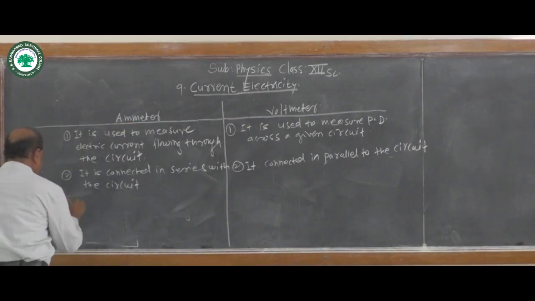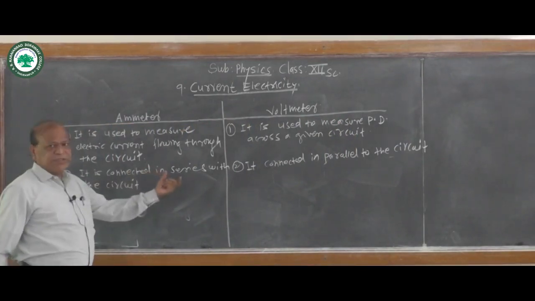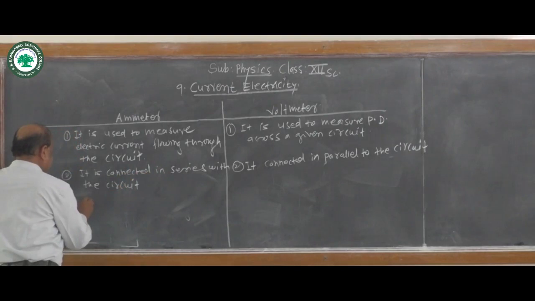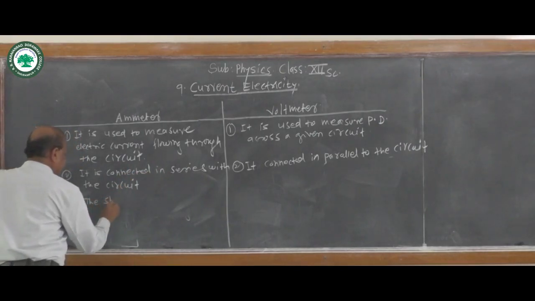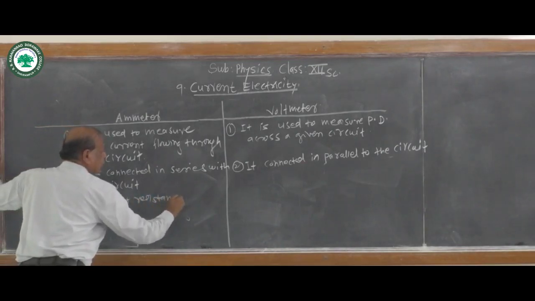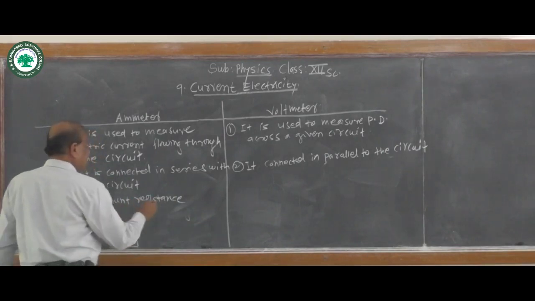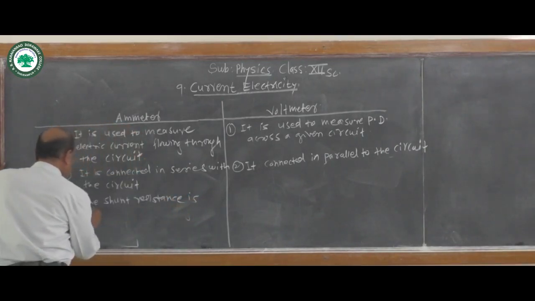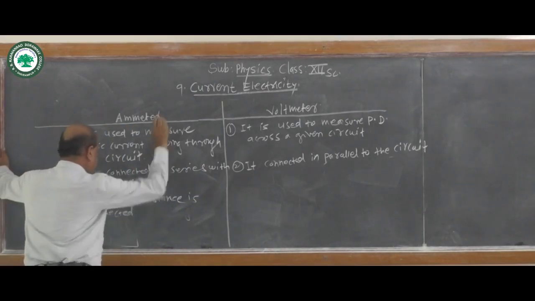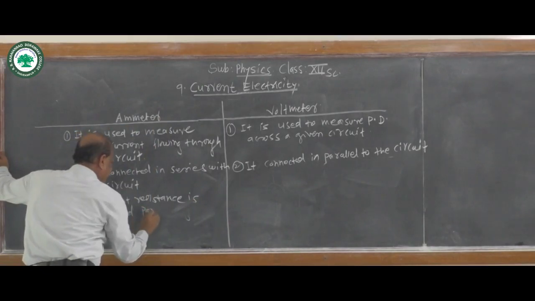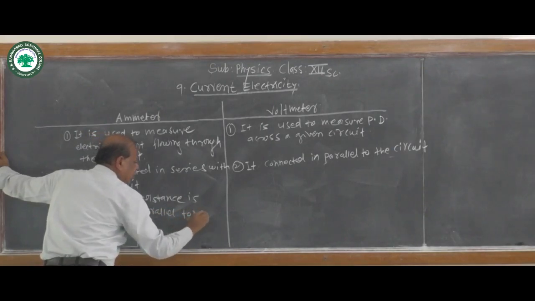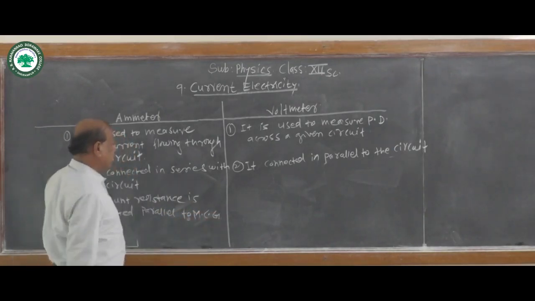Third one, in the ammeter, due to the connection of this series combination, some shunt resistance, whose value is very low, is connected in parallel to the MCG, moving coil galvanometer.